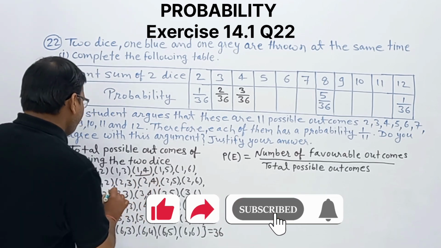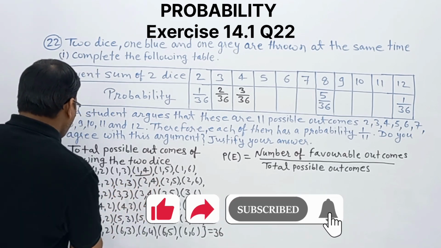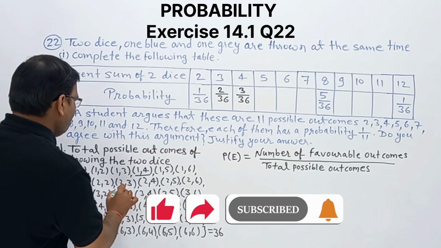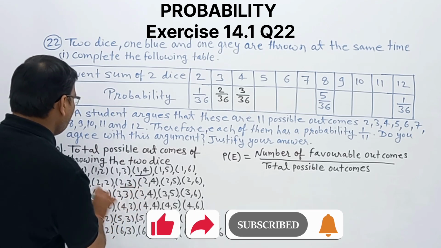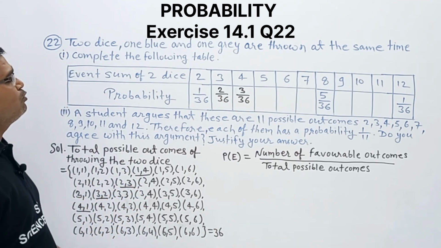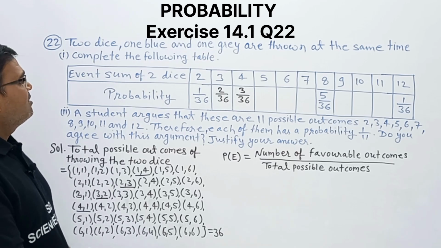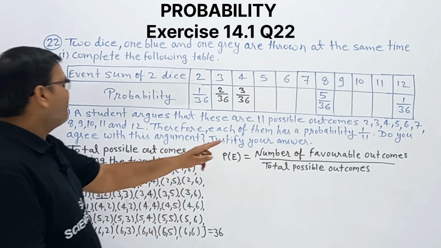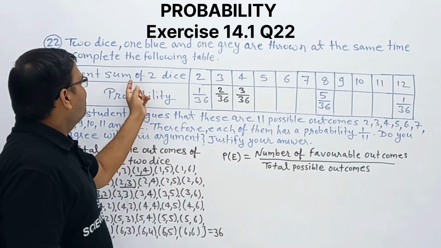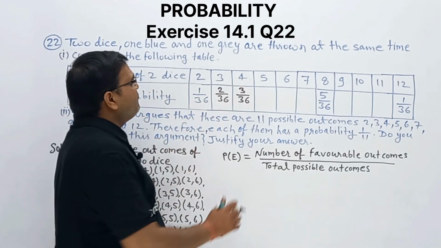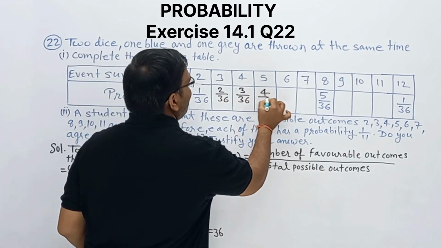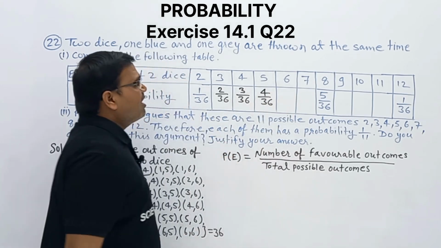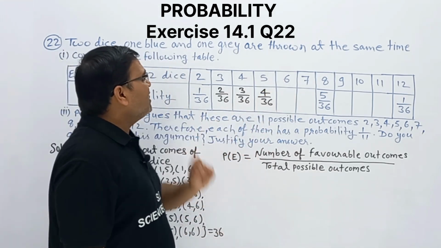So 1, 4, 4, 1, 2, 3, 3, 2. These four outcomes have sum 5. So the number of favorable outcomes for sum 5 is 4 divided by 36.